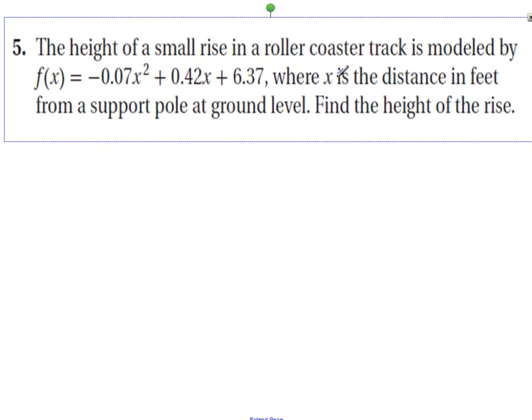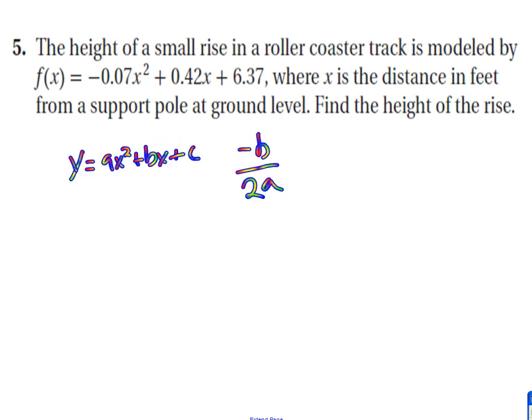So, same idea. Try this one on your own. Bonus points for people with the right answers. So to find our axis of symmetry, negative b divided by 2a.